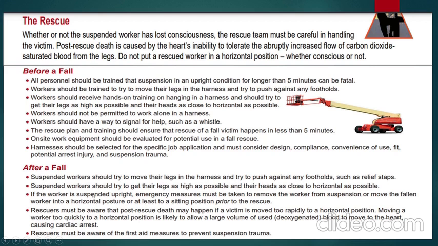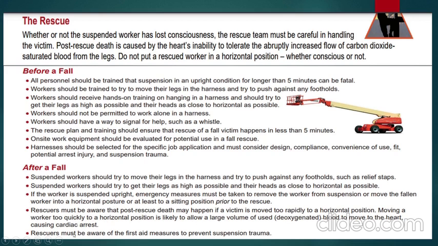If the worker is suspended upright, emergency measures must be taken to remove the worker from suspension or move the fallen worker into a horizontal posture, or at least to a sitting position, prior to the rescue. Rescuers must be aware that post-rescue death may happen if a victim is moved repeatedly to the horizontal position. Moving a worker too quickly to the horizontal position is likely to allow a large volume of used, deoxygenated blood to move to the heart, causing cardiac arrest.